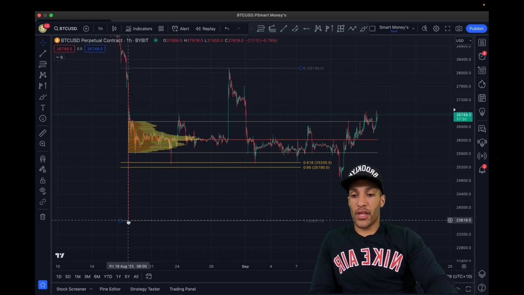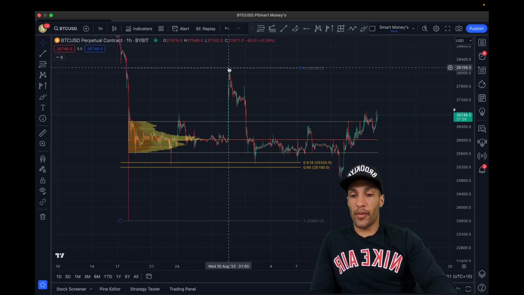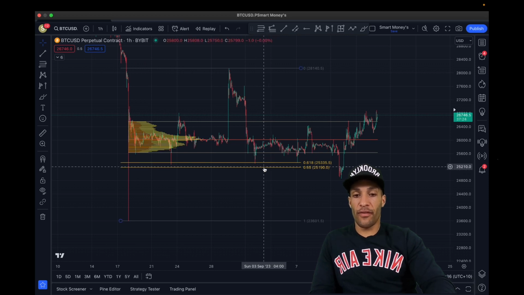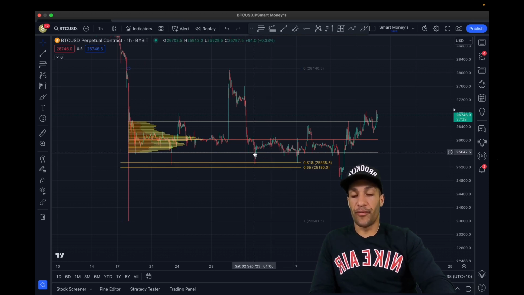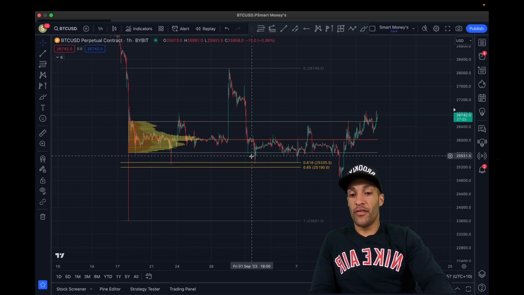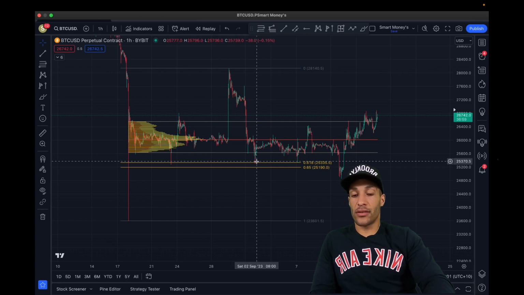For example, taking this low to this high up here, we can see that the 618 region coming in at 25,335, where price comes down to just breach the value area low, swing failing off this low over here at the value area low, and hitting the 618 at the same time.